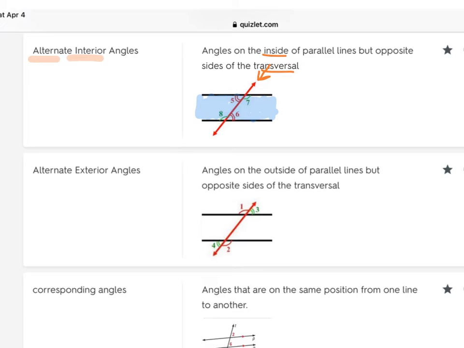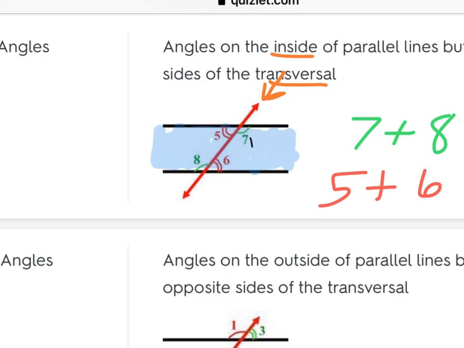The alternate interior angles would be 7 and 8, because they're inside the parallel lines and they alternate, and 5 and 6 are alternate interior angles. Alternate interior angles are congruent. So if angle 7 was, let's say, 120 degrees, then angle 8 would also be 120 degrees.